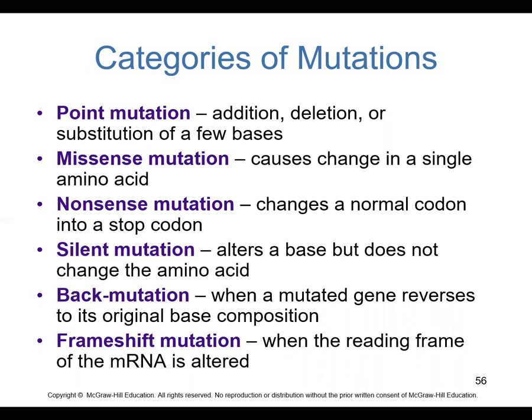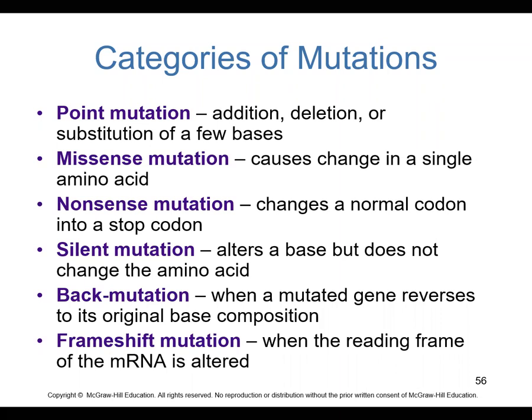Silent mutations are ones that, yes, do change the base, but because of that redundancy we talked about earlier, the amino acid doesn't change, so we don't notice any effect on these. So that's why they're silent. Back mutations are ones where some mutations that we know about occur, and they're real easy to flip back.